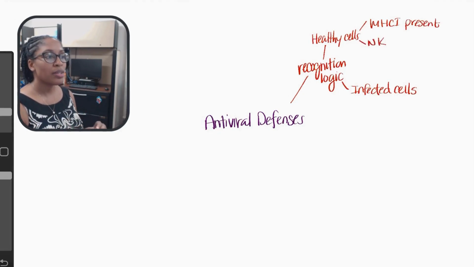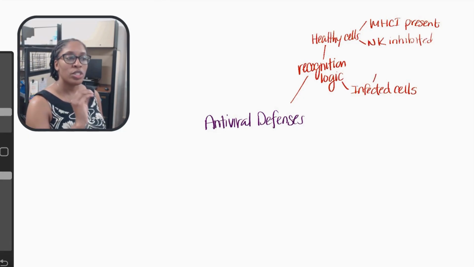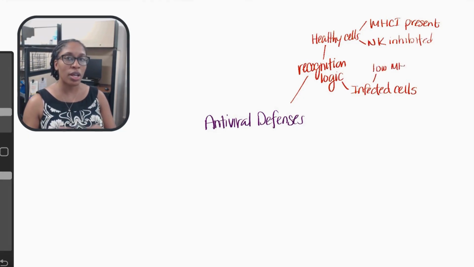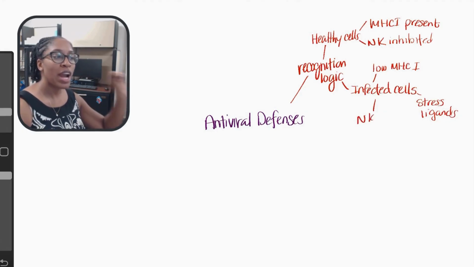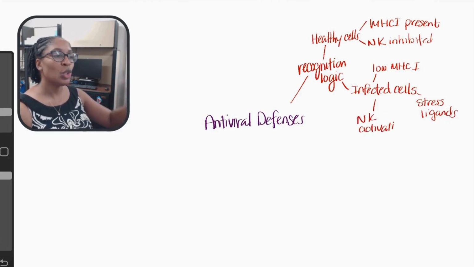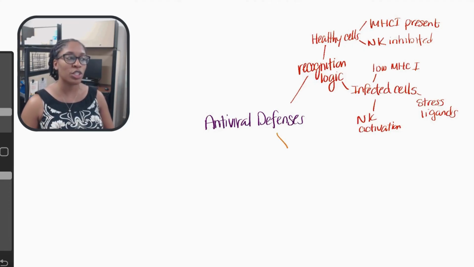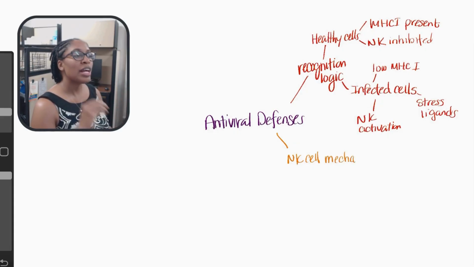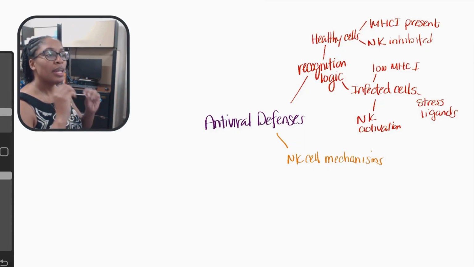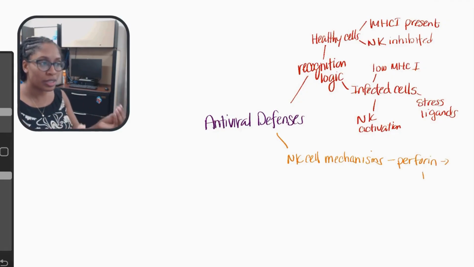Now, healthy cells express MHC1 molecules on their surface, which signals to natural killer cells that, I'm a normal cell, I'm healthy, I'm good, do not target me. Now, virus infected or tumor cells often reduce or lose their MHC1 expression to evade T cell detection, but natural killer cells come in and interpret this absence as a danger signal.